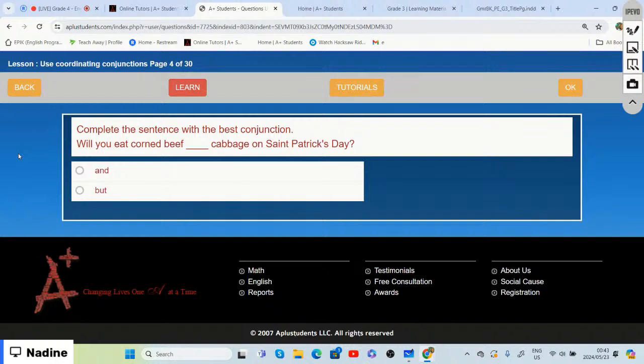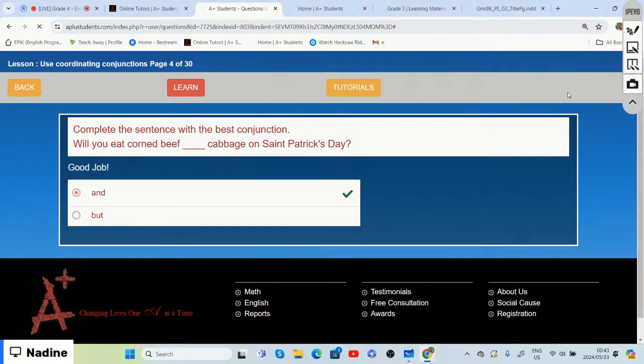And if we were to choose the correct coordinating conjunction, they will choose option one, which is and. So well done. And is correct.